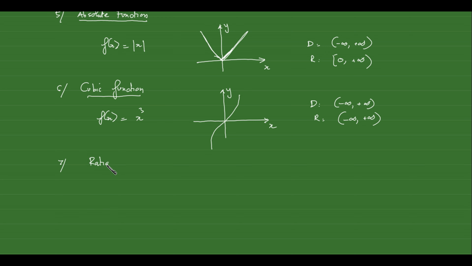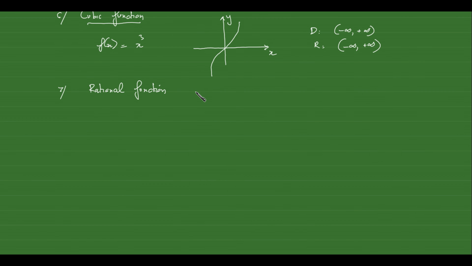The rational function. I'm going to categorize it into 2 different types. The first type is f of x equals 1 over x, and the second type is f of x equals 1 over x squared. The graph of the first one will be something like this.